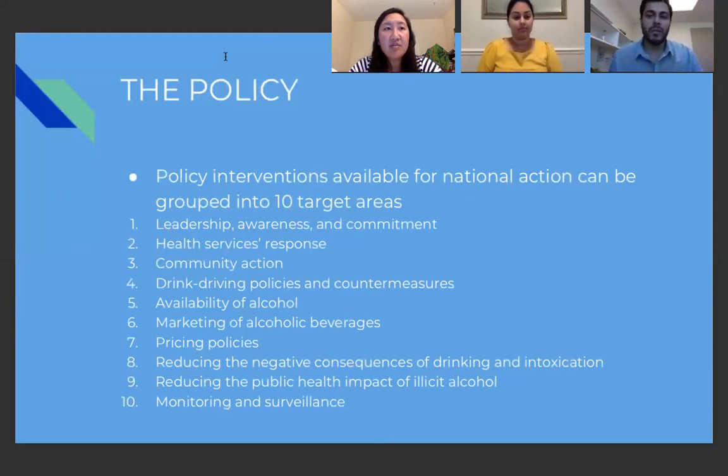Many relevant decision-making authorities should be involved in the formulation and the implementation of alcohol policies, such as health ministries, transportation authorities, or taxation agencies. Health ministries have a crucial role in bringing together the other ministries and stakeholders needed for effective policy design and implementation.